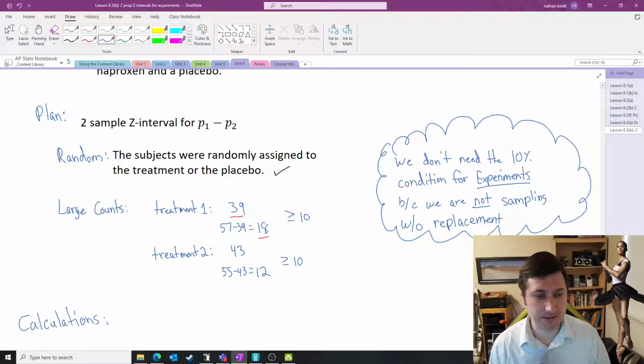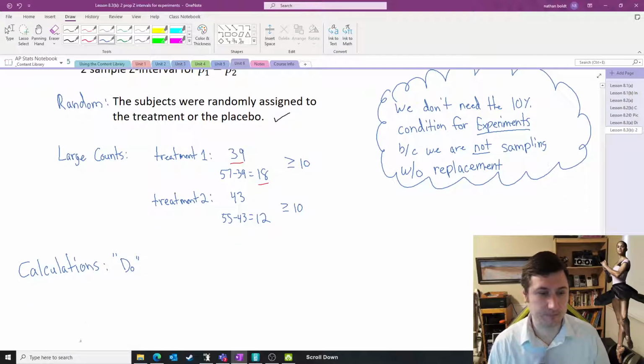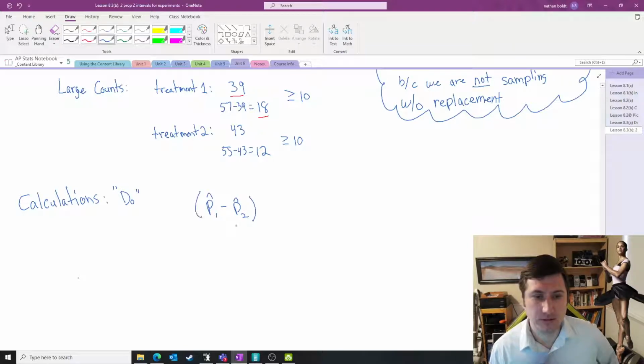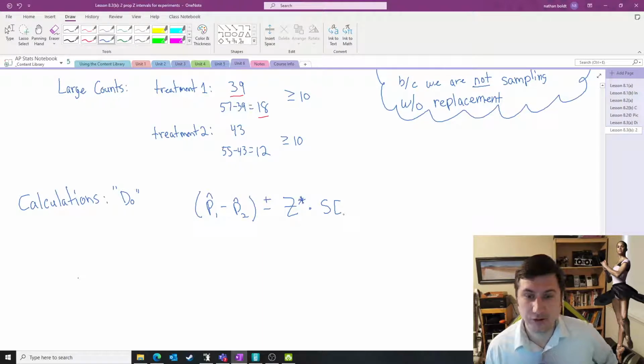This is the do part. Our equation here is the same. I'll write out the whole thing. It is P1 minus P2, that whole thing, plus or minus our z star times the standard error for P1 minus P2.